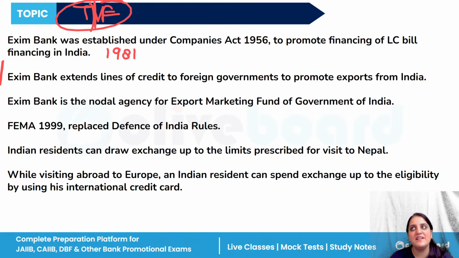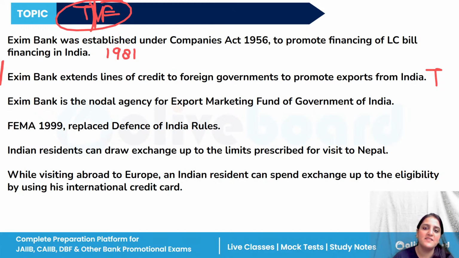Basically, Exim Bank provides lines of credit to foreign governments to promote the exports from India. This statement is true.